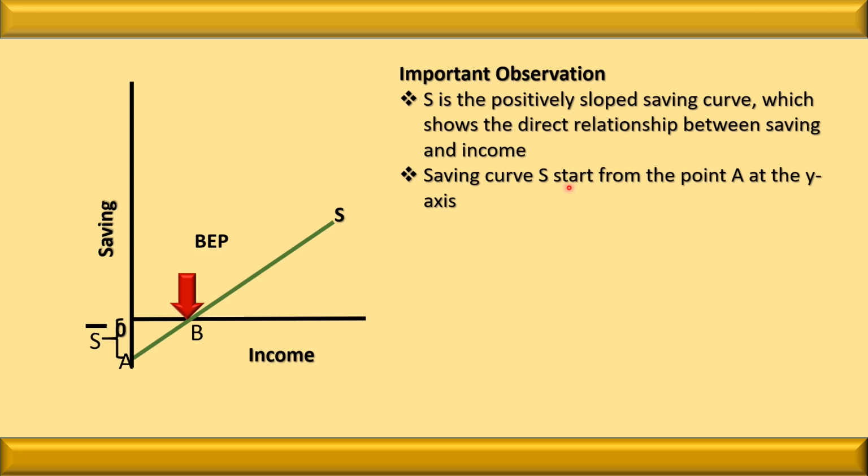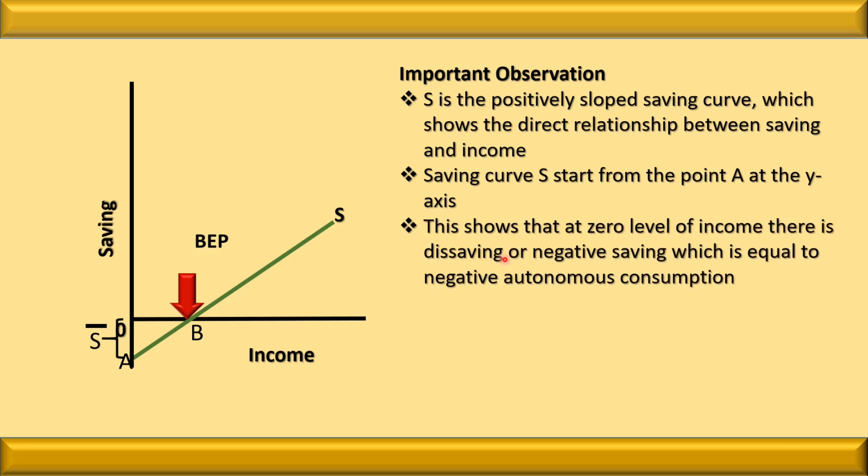The saving curve starts from the point A, at the negative y-axis. This shows that at the zero level of income, there is negative saving, which is equal to minus autonomous consumption. When I say negative autonomous consumption, what does it mean?